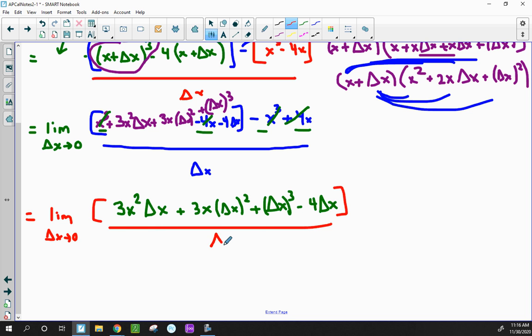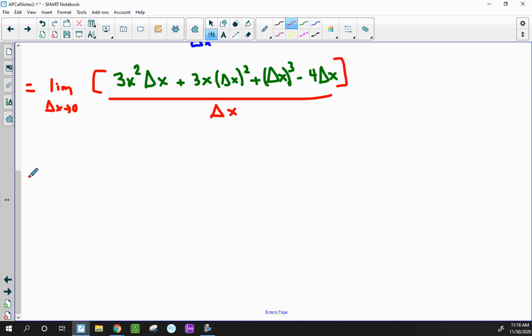And now what I'm going to do is notice on top I have 4 terms, and all of them have, looks like a delta x. So I'm going to factor that out.